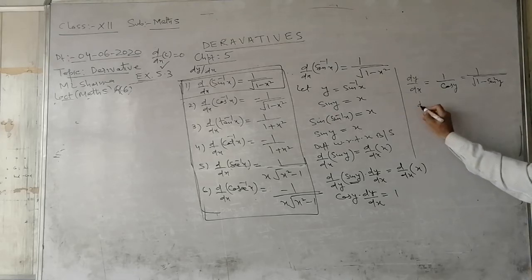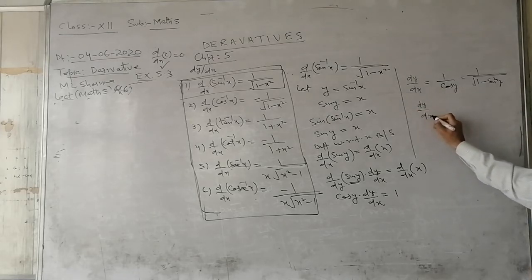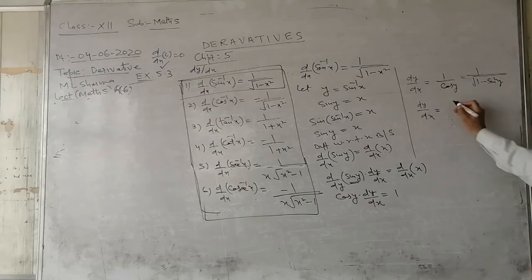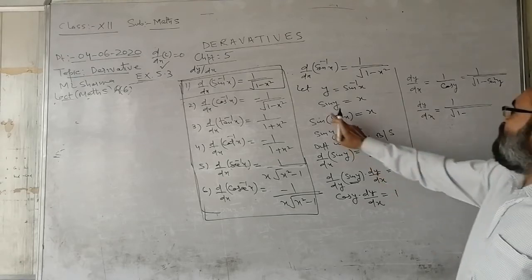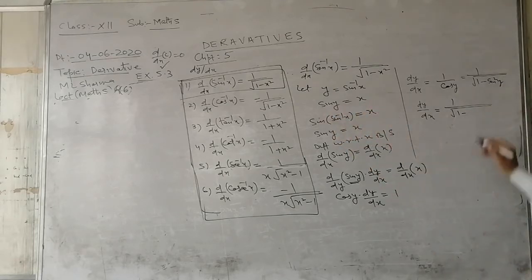So dy upon dx will equal to 1 upon under root of 1 minus sine square y. Sine y is equal to x, so this will be x square.